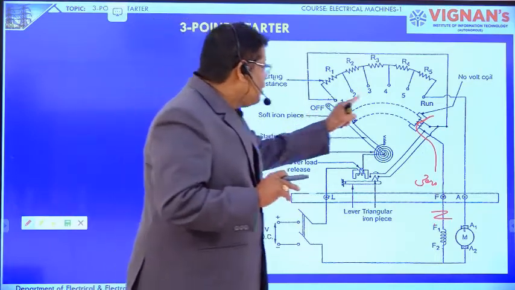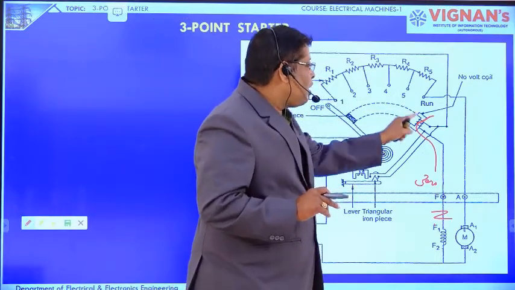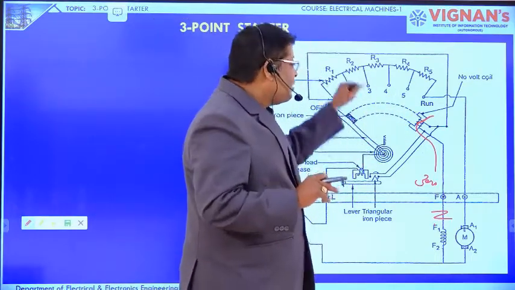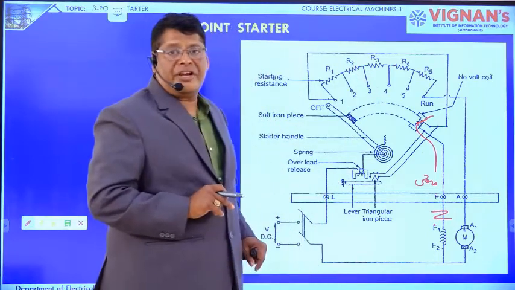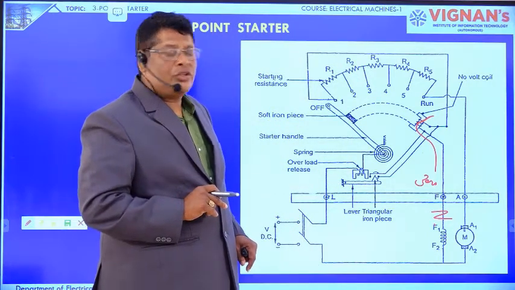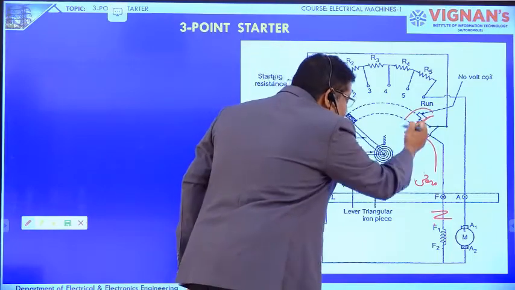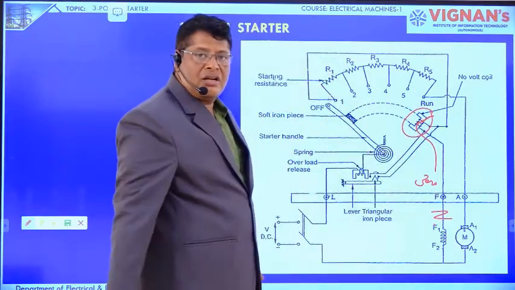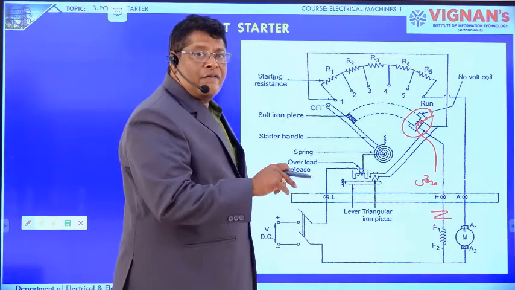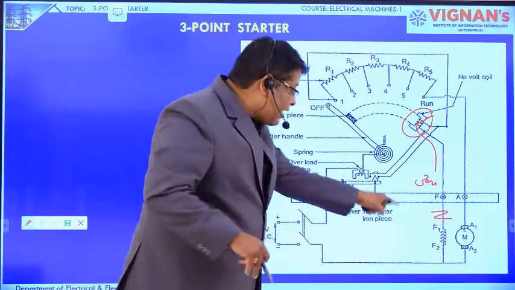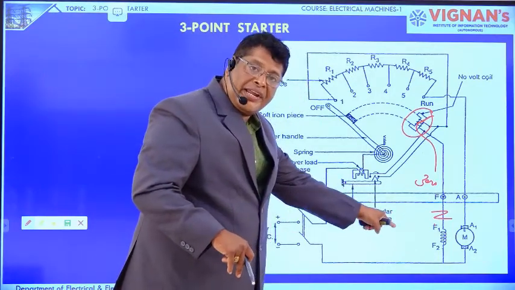That's why the no voltage coil or holding coil is kept in a 3-point starter. So why are we keeping this in the 3-point starter? To protect the machine if any fault occurs in the field winding.